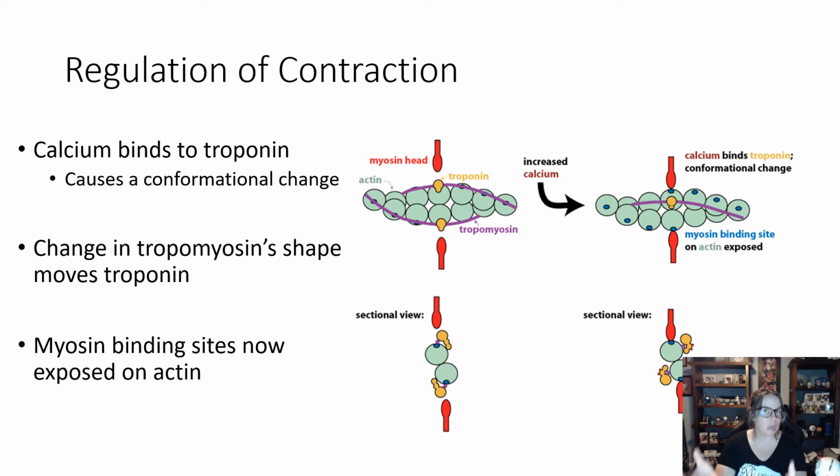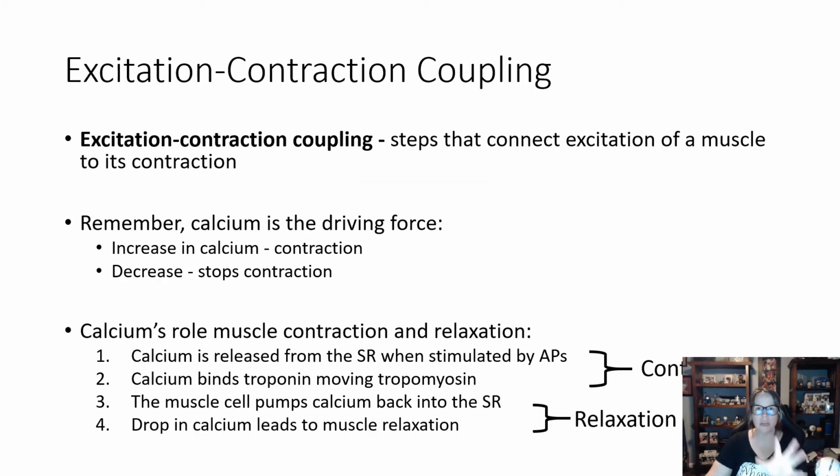So where does the calcium come from? Well, if you recall from lecture, we have an organelle in our skeletal muscle called the sarcoplasmic reticulum, and that is where calcium is stored. So if we look at a very poor drawing, I'm going to kind of draw a T-tubule here. So here's my T-tubule.